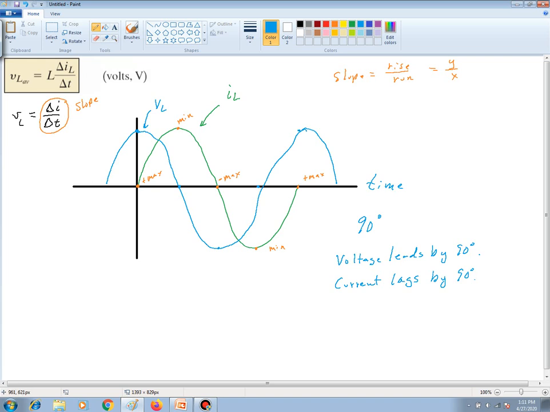So what is this inferring? Since the voltage here is leading, that means the voltage can change much faster than the current can, or it's going to change prior to the current.